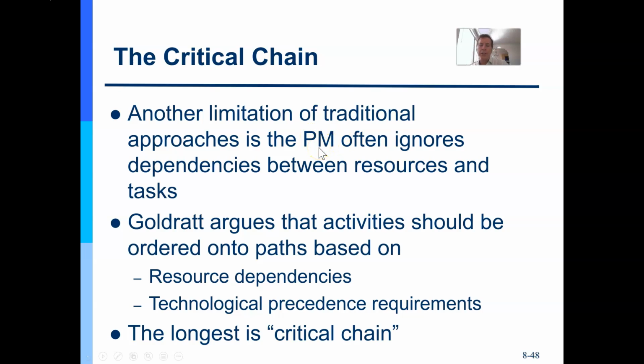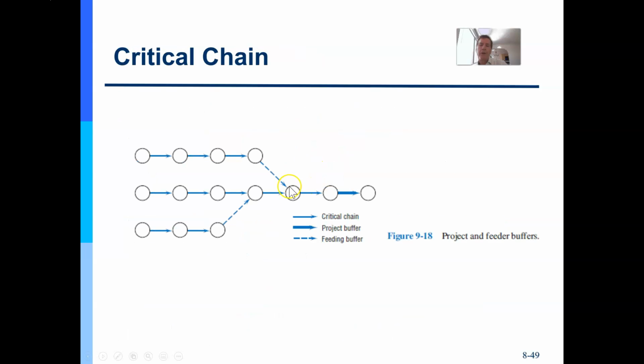We said the longest path in the network, which is the shortest period of time that you can finish a project, is called the critical path or critical chain. Okay, and so here are the paths. You would have the critical path, and notice this buffer.